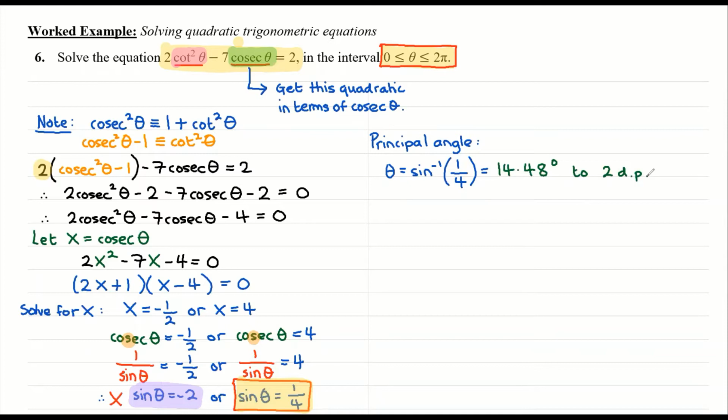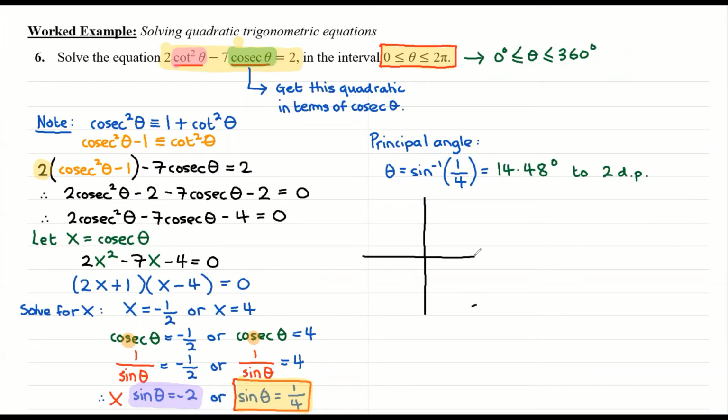I'll just make an adjustment to the interval up here as well. So that's going to be between 0 and 360 degrees, as I'm sure you're familiar with now with 2 pi radians. Get the CAST diagram going, and we can get all the solutions.